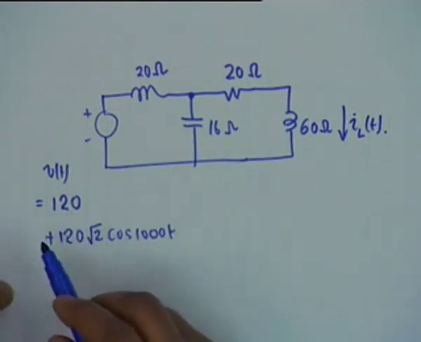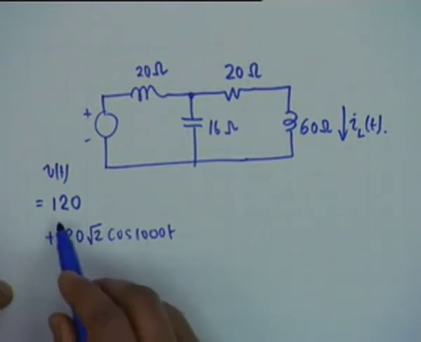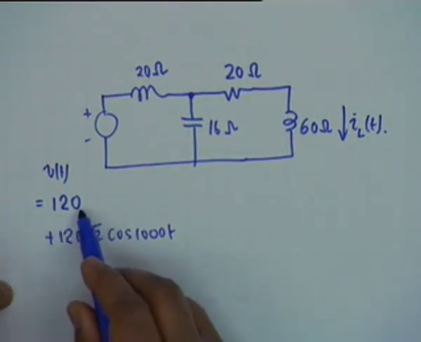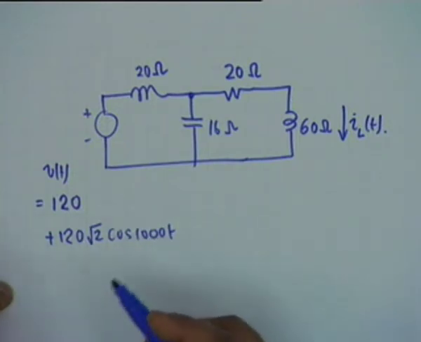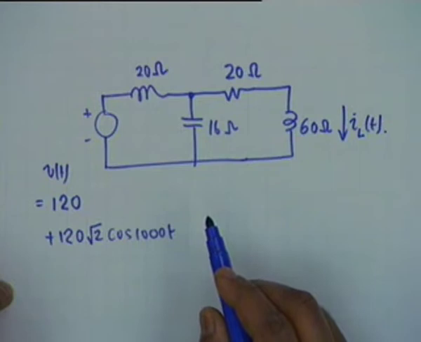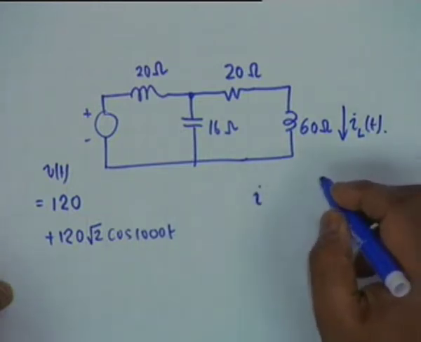We want to do this by utilizing the superposition theorem. Since the source consists of two sources, one is 120 DC and the other an AC, we can find out the response iL in two steps.